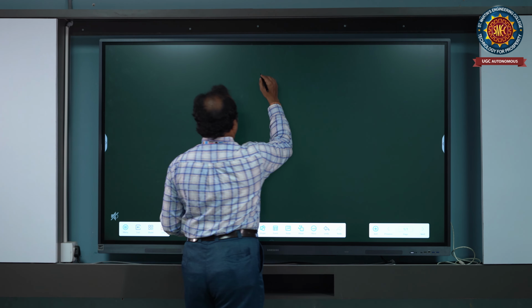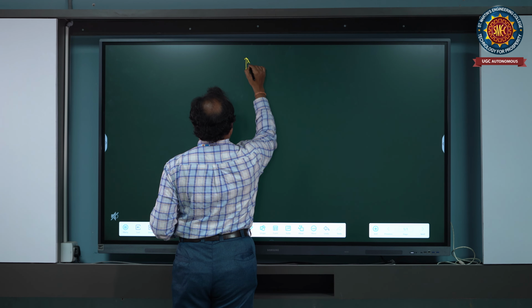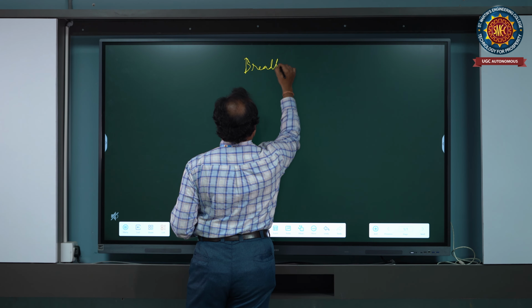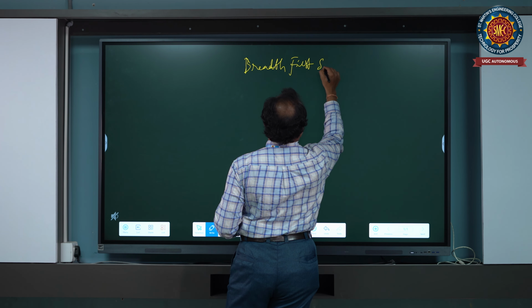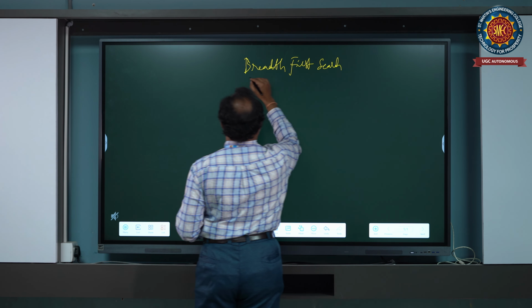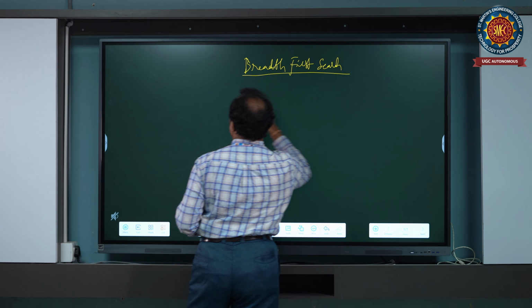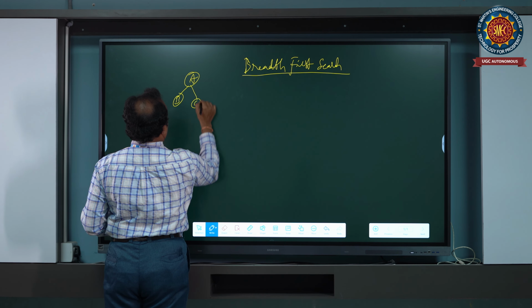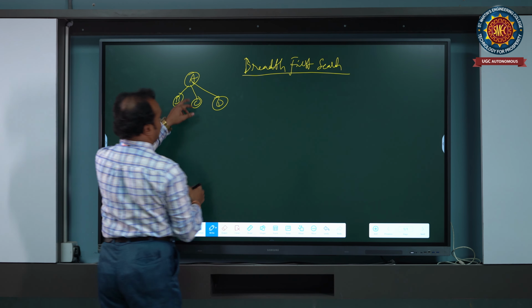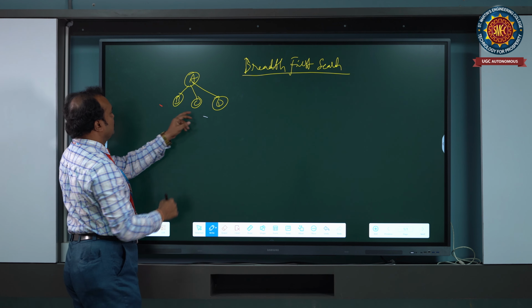So for example, if we take a tree with vertices, like A, B, C, D, so here A consists of 3 children.